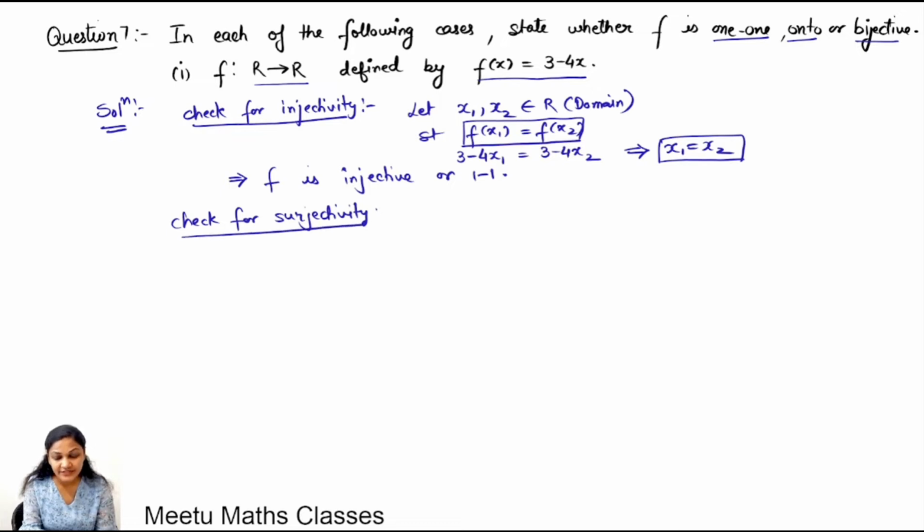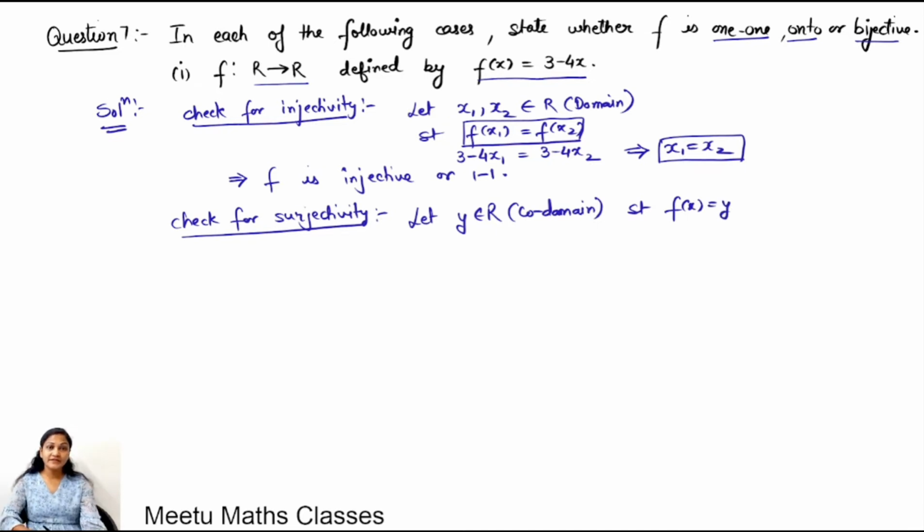For surjectivity, we will take an arbitrary element in the codomain and show that there is a pre-image of that arbitrary element in the domain. So let us take an arbitrary element y in R, this is the codomain, such that f(x) = y.